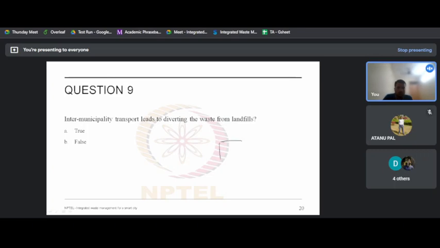So let us consider two municipalities, let us call them M1 and M2. Let's say M2 has its own landfill, and M1 also has its landfill, but M1's landfill, L1, is smaller than L2.